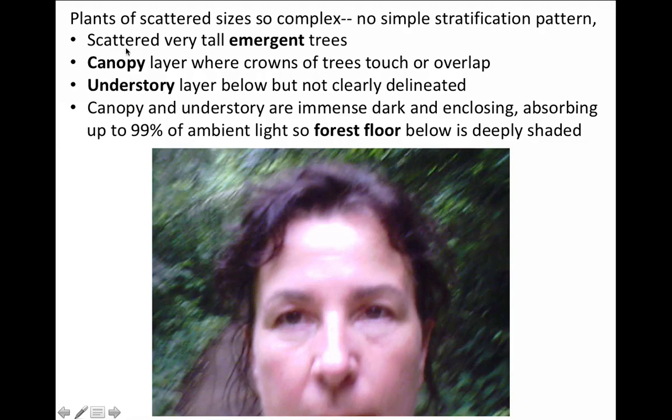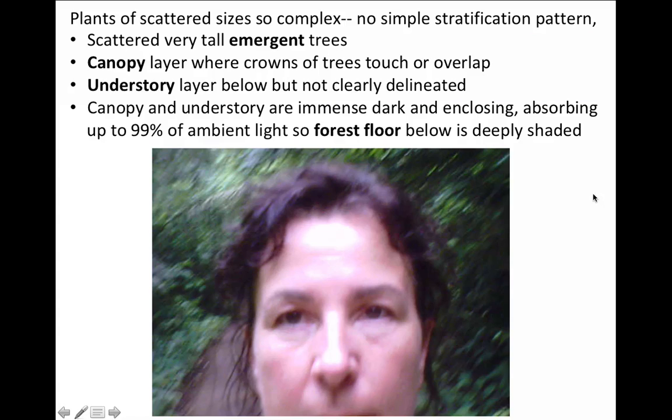So there's plants of scattered sizes. It's complex. I know that in the videos I've assigned, they talk about the different layers, but it's honestly not so clear. It's a jumble. But we can talk generally. Scattered are the very, very tall emergent trees that occasionally appear here and there.